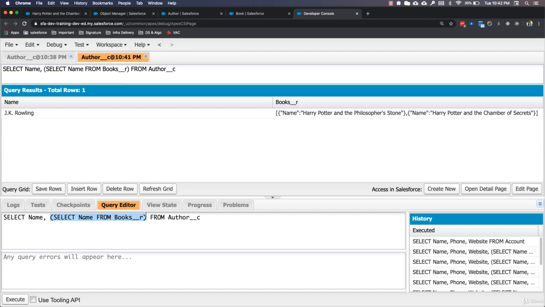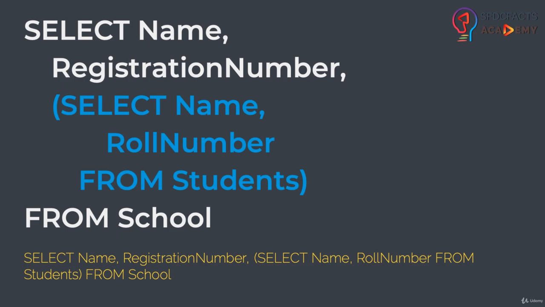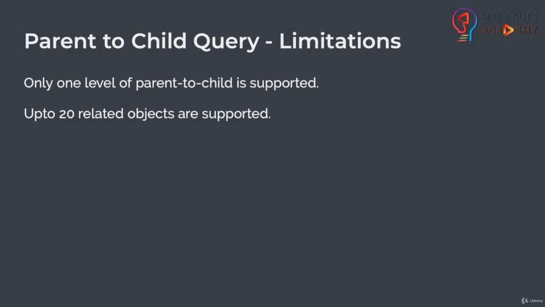Now let's talk about the limitations of parent to child subqueries. When you are writing a parent to child relationship query, there are two limitations that you need to remember. The first one is you can only go one level deep from your parent object, and we have already seen it. From the account object, we cannot go to the child object of either the contact or opportunity object, because when we are fetching these contact and opportunity records, we are already one level deep.